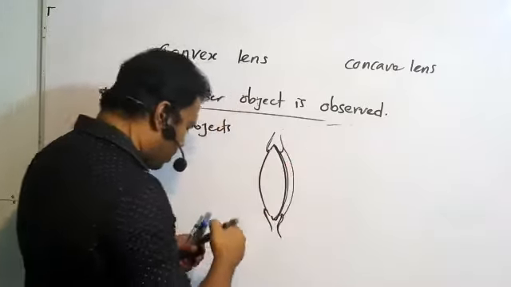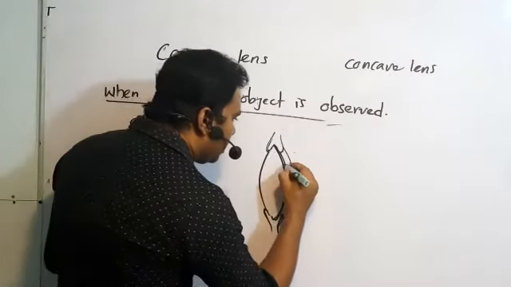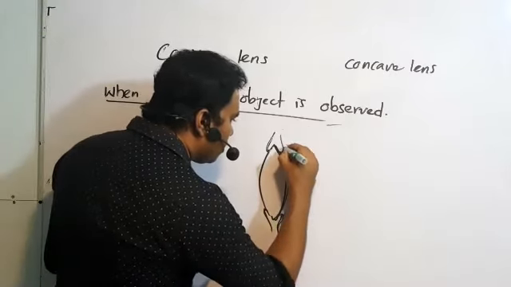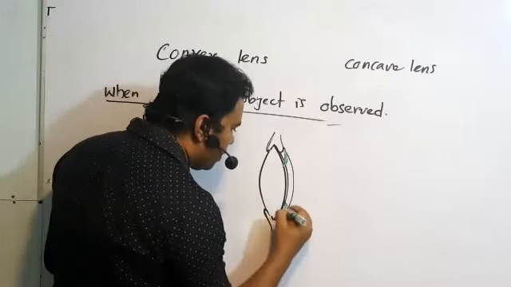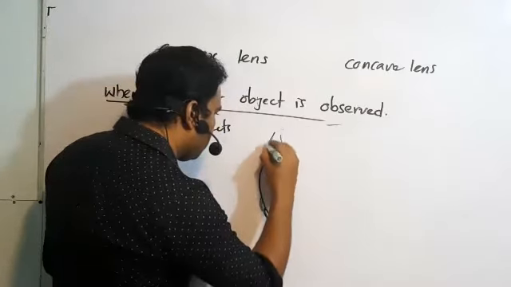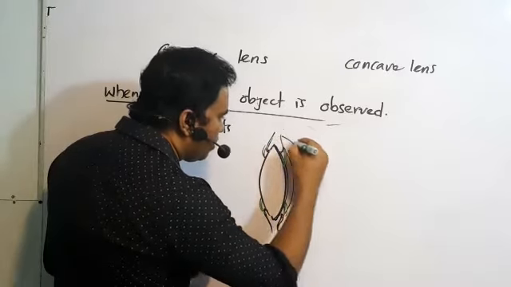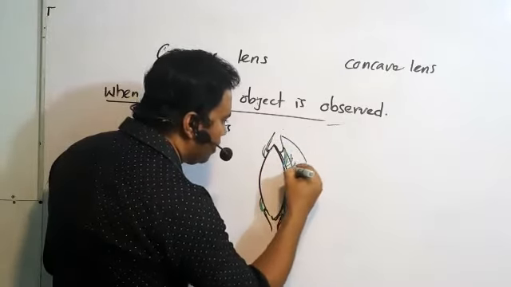So the ciliary muscles come from the ciliary body and are connected to the lens like that. It exists all around, in a circular way like this.